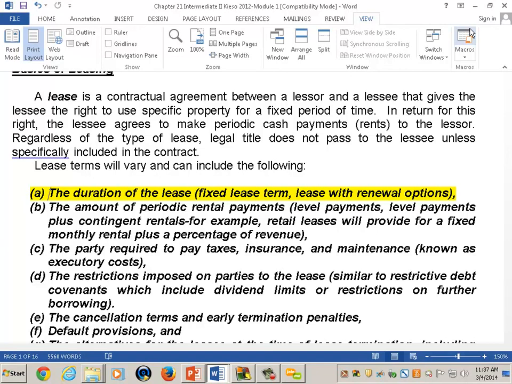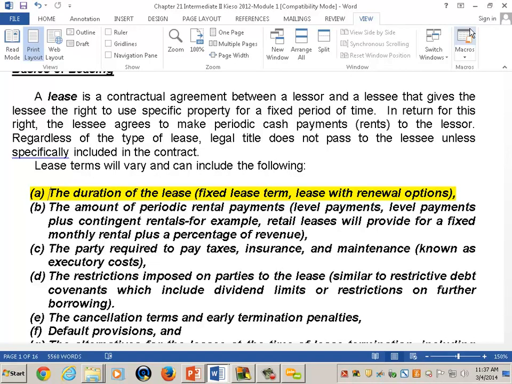So when we value the asset, all our calculations will be based on minimum lease payments, which I'll define in just a minute, which will exclude the executory costs. Okay, because we want to find out the pure rental. What are you paying for the asset? Now we know there'll be interest in there, but what are you paying for the asset?